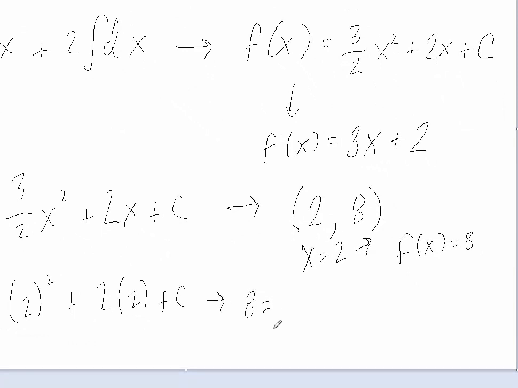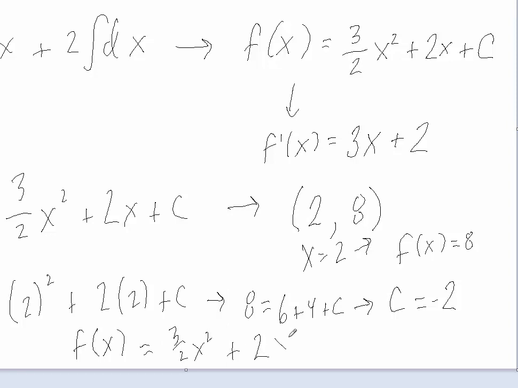So this is 8 equals 6 plus 4 plus c, which gives us c equal -2. So our specific function ends up being 3/2 x squared plus 2x minus 2. And in fact, the derivative of this is going to be 3x plus 2. We just now know the specific constant to go along with it.